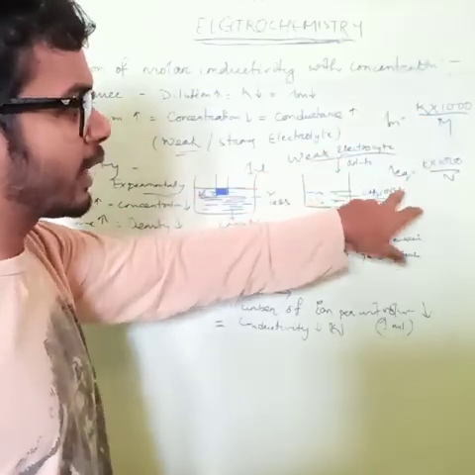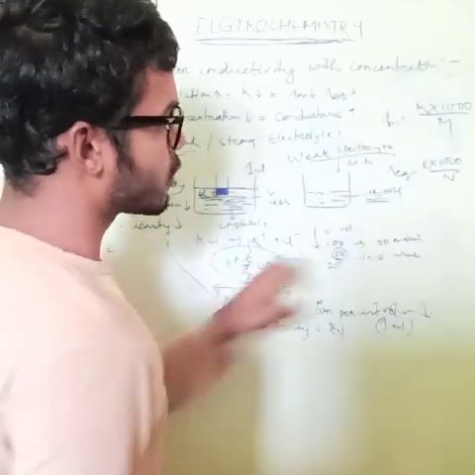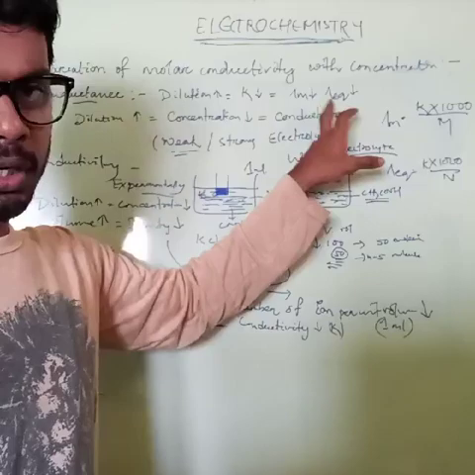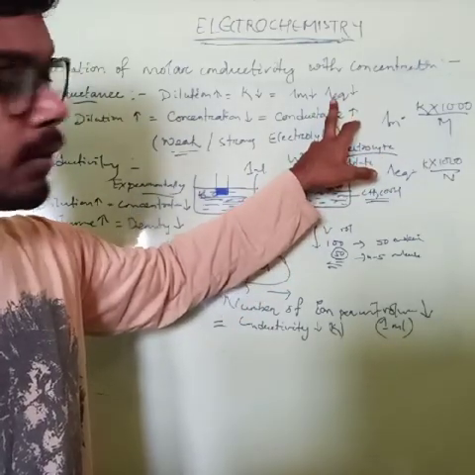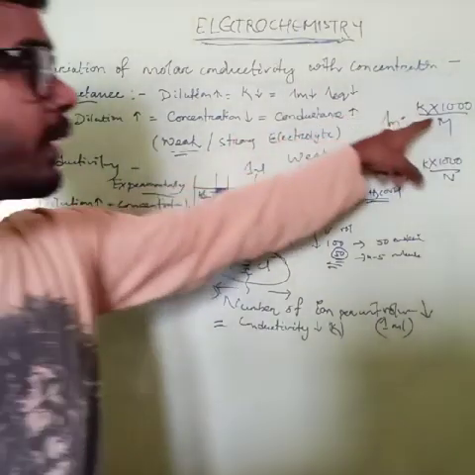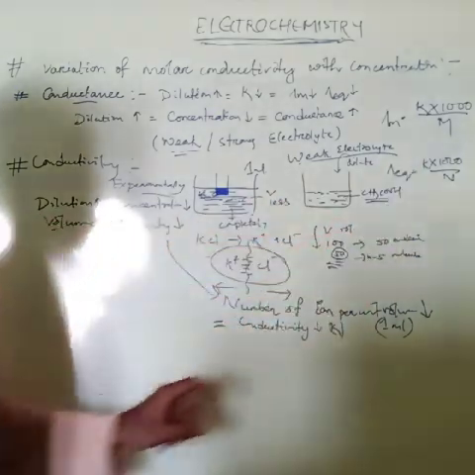Again, in case of equivalent conductance it is also directly proportional to kappa. So if kappa decreases, then both conductance values will decrease. Okay, one more case is there, molarity and normality.